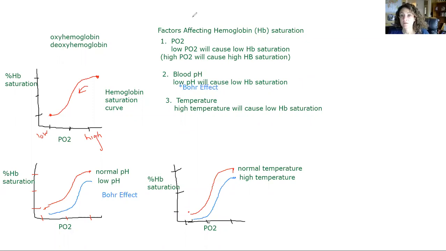If this is the muscle now, this is the capillary.